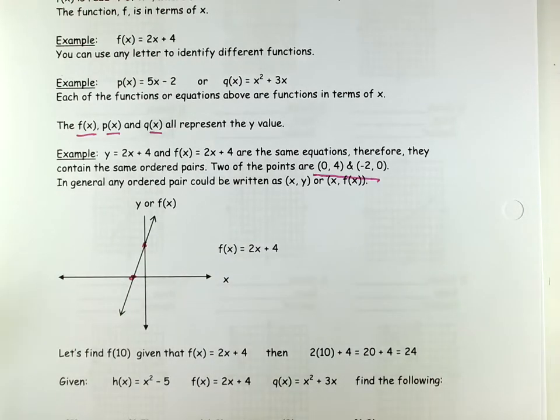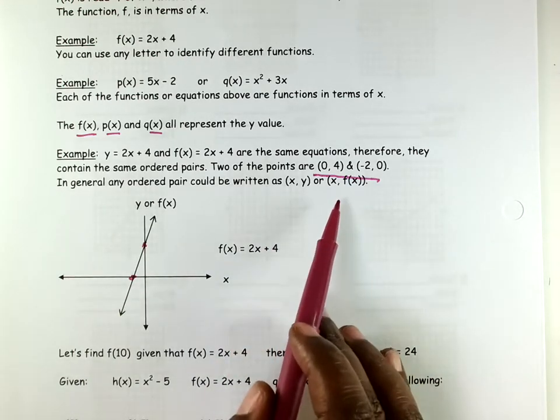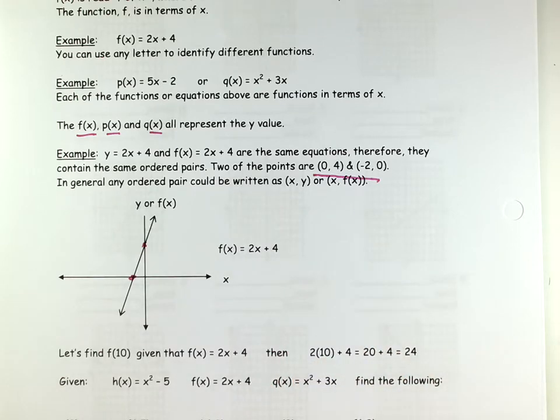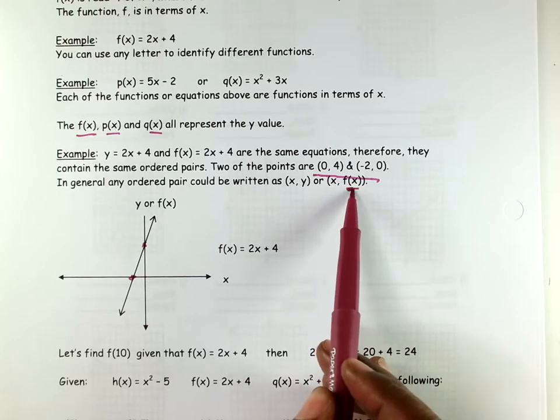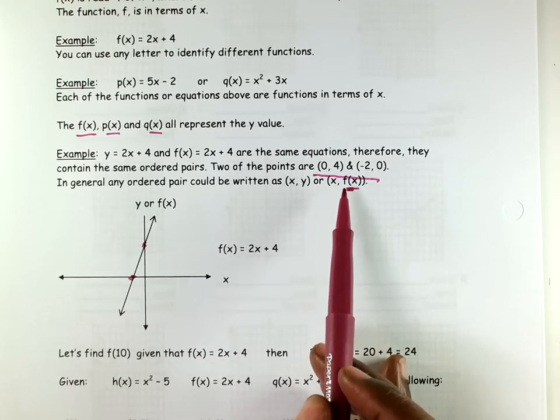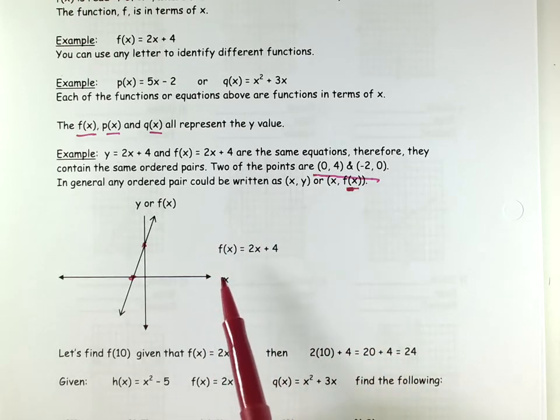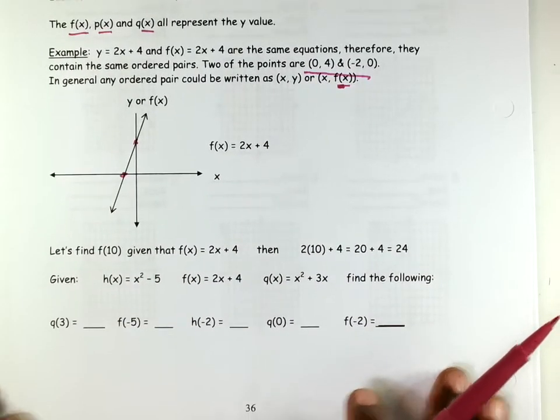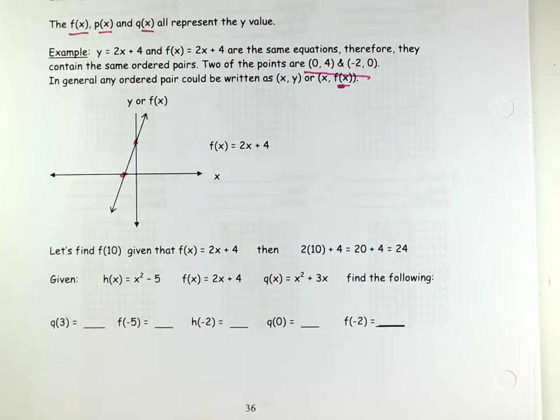They're ordered pairs. So the point x, y can be written as x comma f of x instead of x, y. This notation in this form is not as nice to use, but it is nice when, again, you're distinguishing between different functions. It's also nice when you want to evaluate the function at a specific point.